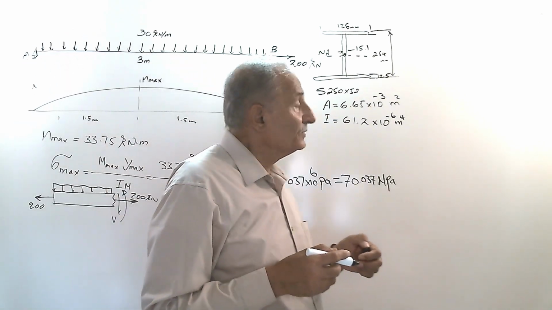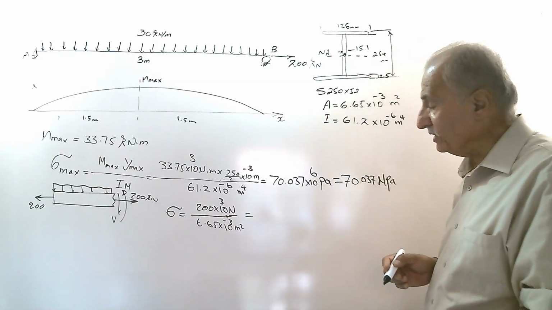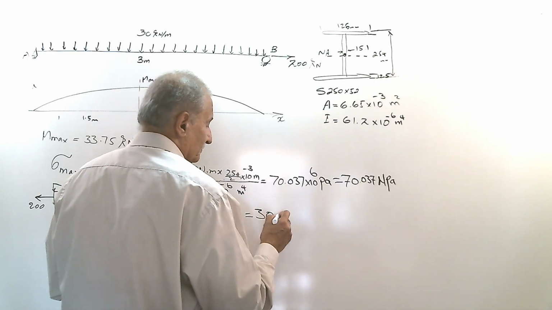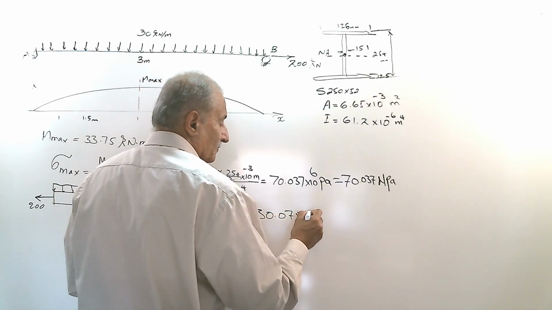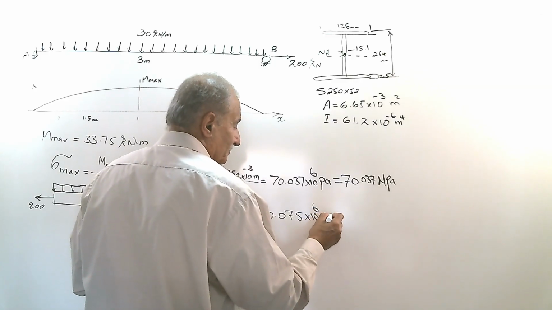70, that's the bending moment, 30.075 times 10 to the power 6 Pascal.